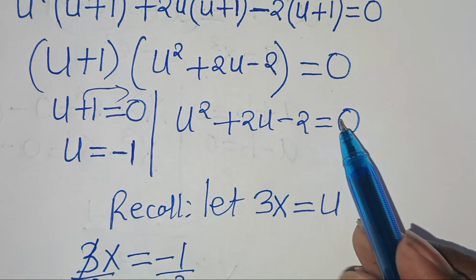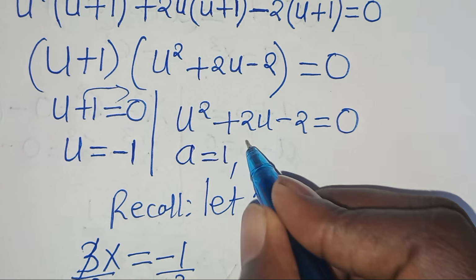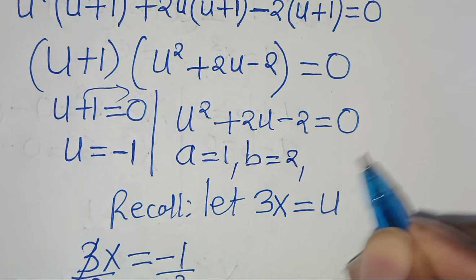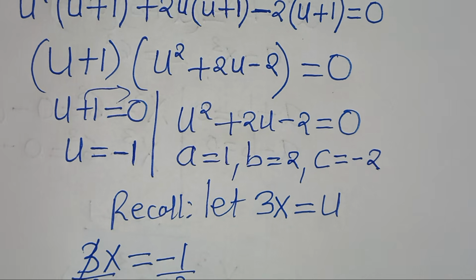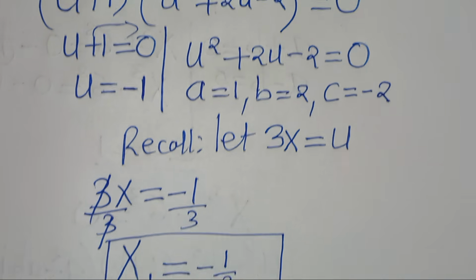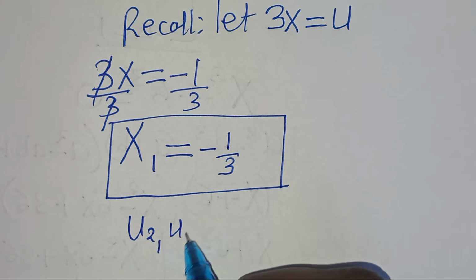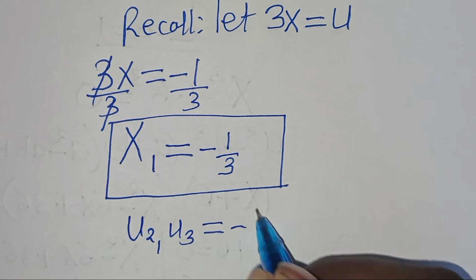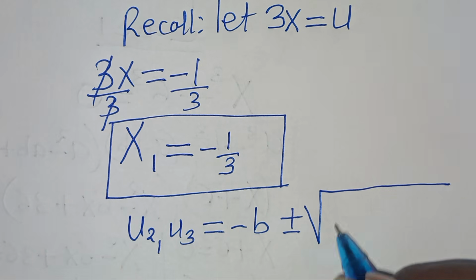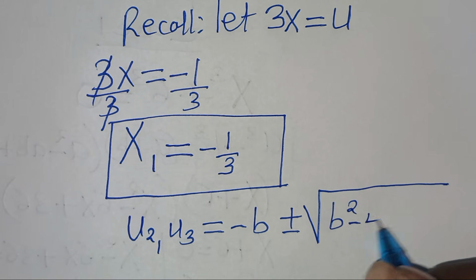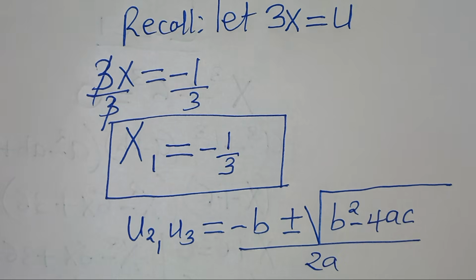Here we have a quadratic equation where a is equal to 1, b is equal to 2, and c is equal to negative 2. So this implies that we can solve for u2, u3 by applying the quadratic formula, which is minus b plus or minus the square root of b squared subtract 4ac, divided by 2 times a.